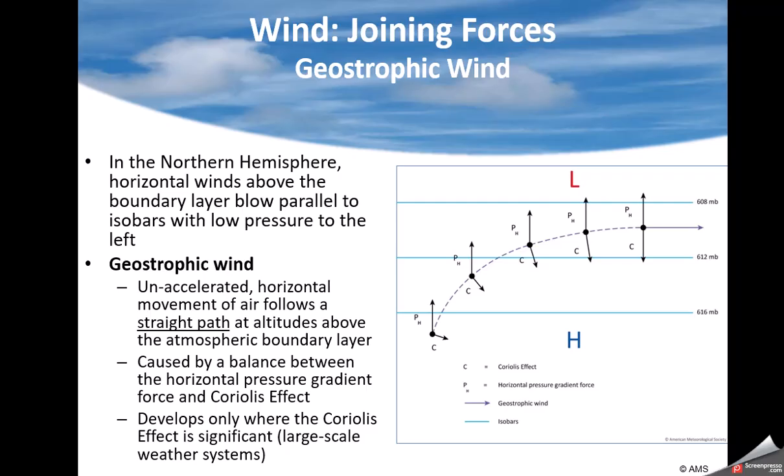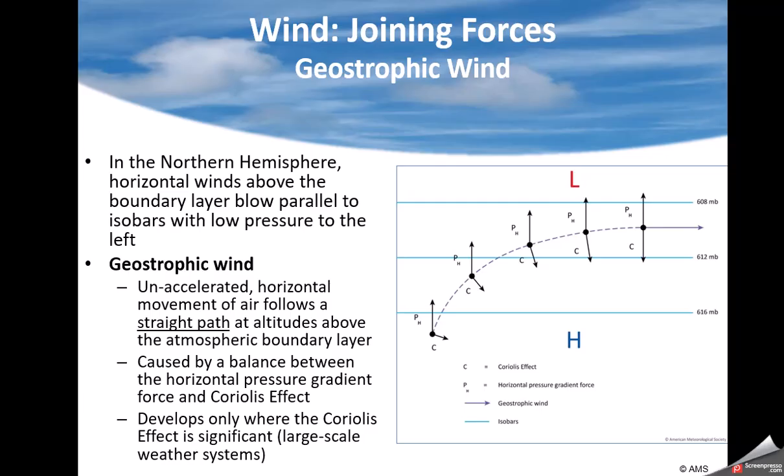Another kind of wind is geostrophic wind. I showed you the winds parallel to the contours at 500 millibars. Why were they parallel to the contours? Because the pressure gradient force, the distance between each of those contours, how fast the winds are, and Coriolis effect balance.